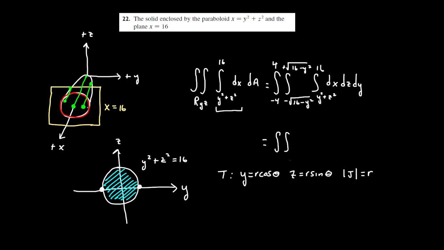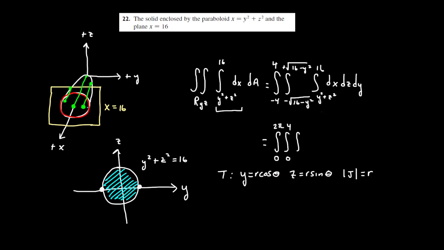The dz dy region will become the bounds: it's going to go from 0 to 2 pi in theta. The r is going to go from 0 to 4. And we'll need our Jacobian, which I'll enter in just a moment.